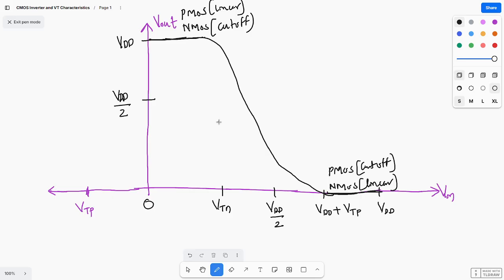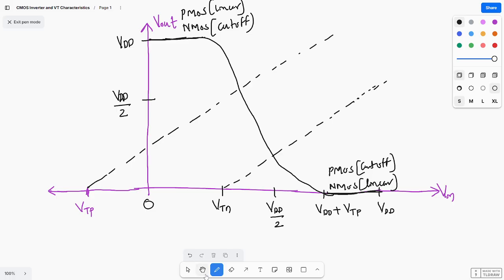So here PMOS voltage is decreasing. If you combine these, and also this is VTN.